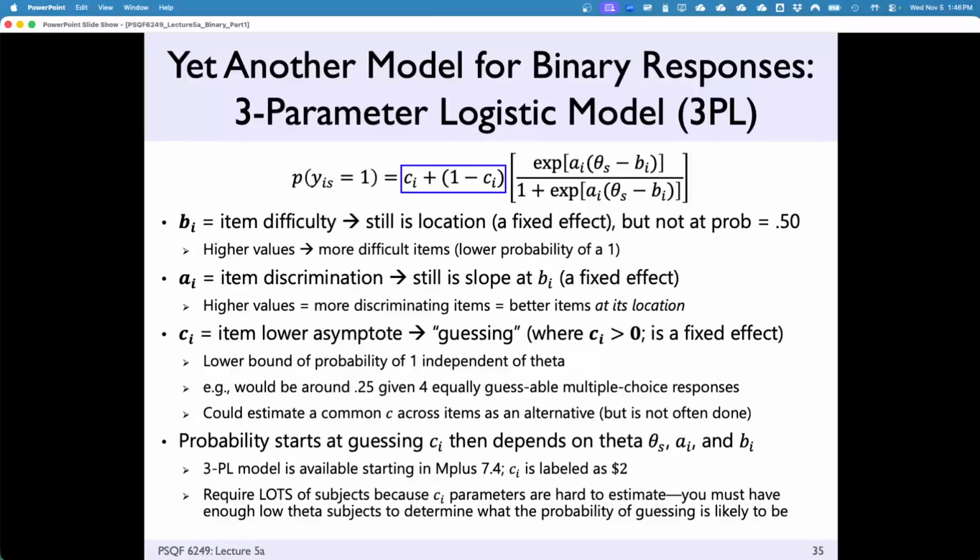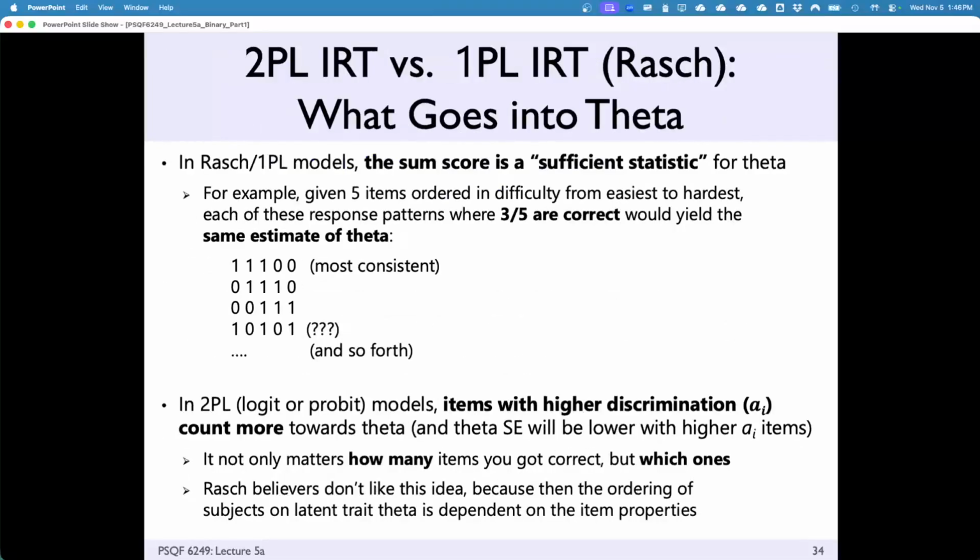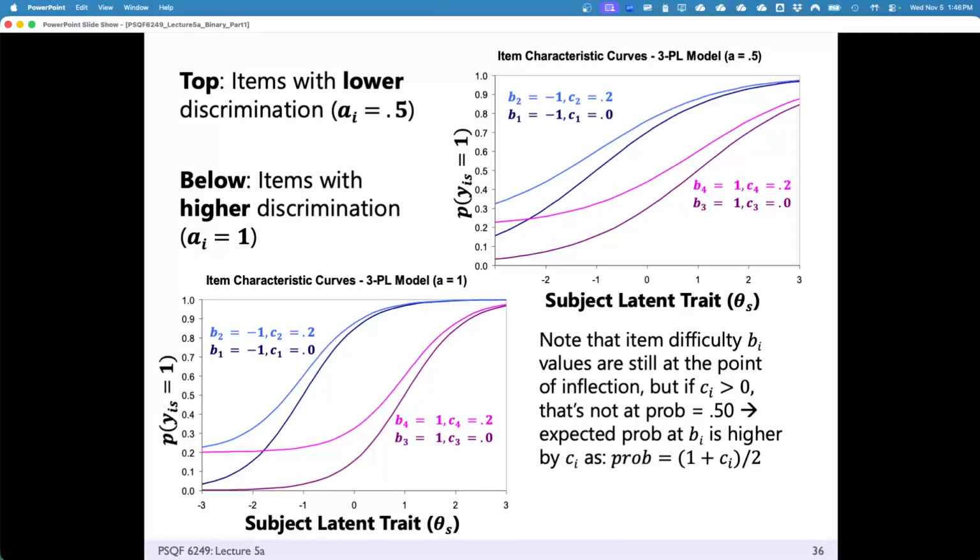So 0.2 is not an intercept. C is not an intercept, it's a lower asymptote. So it's a rescaling of all the other parameters. When you have a C parameter in your model, here you can see, take a look at the dark purple line.